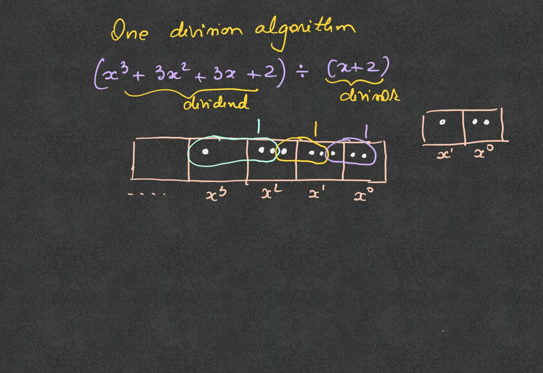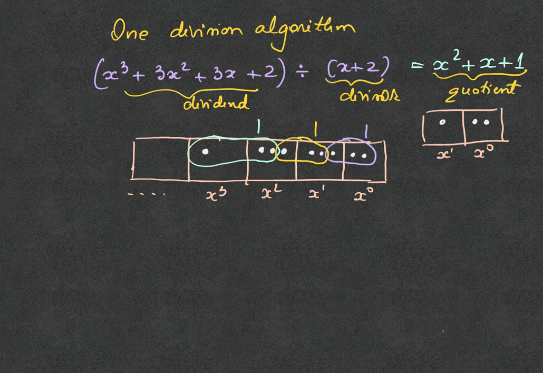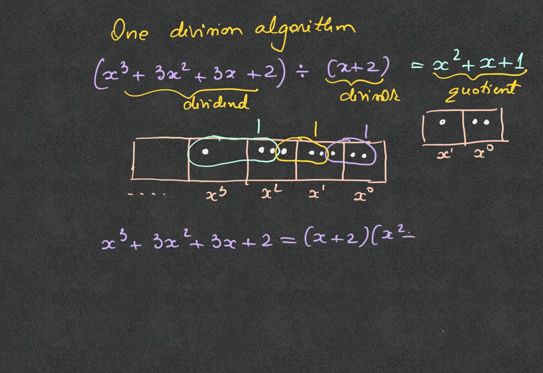My answer will be 1 x squared, so x squared plus x plus 1. This one is the quotient and the remainder is 0. I can also write that x cubed plus 3x squared plus 3x plus 2 equals x plus 2 times x squared plus x plus 1.